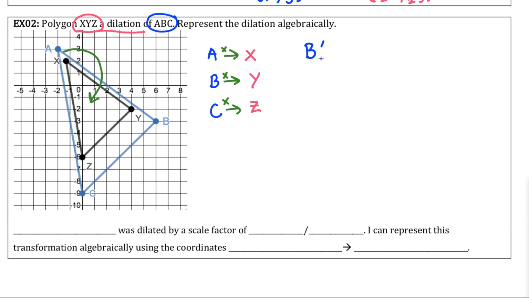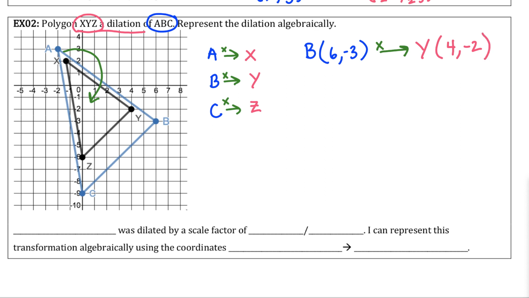B is 6, -3. And then it was dilated by a scale factor and became Y, which is 4, -2.